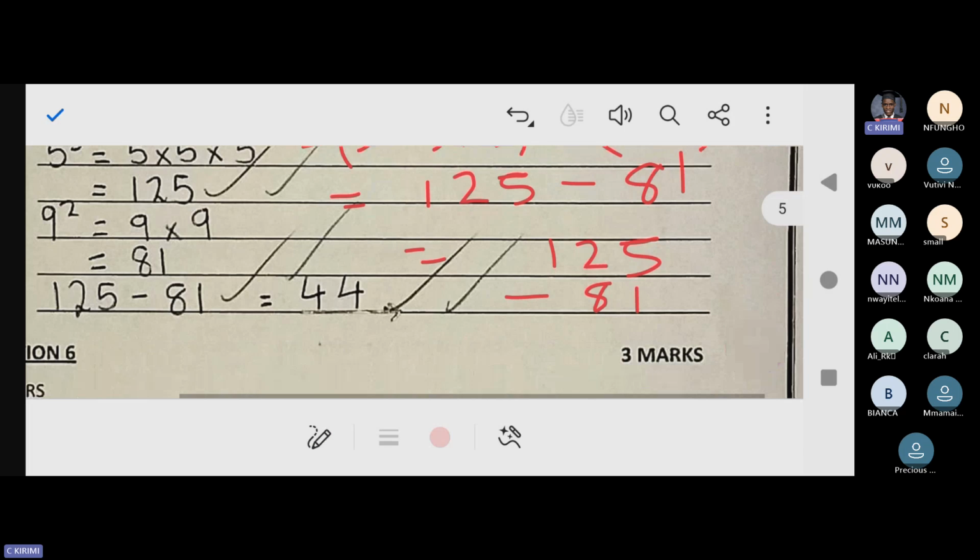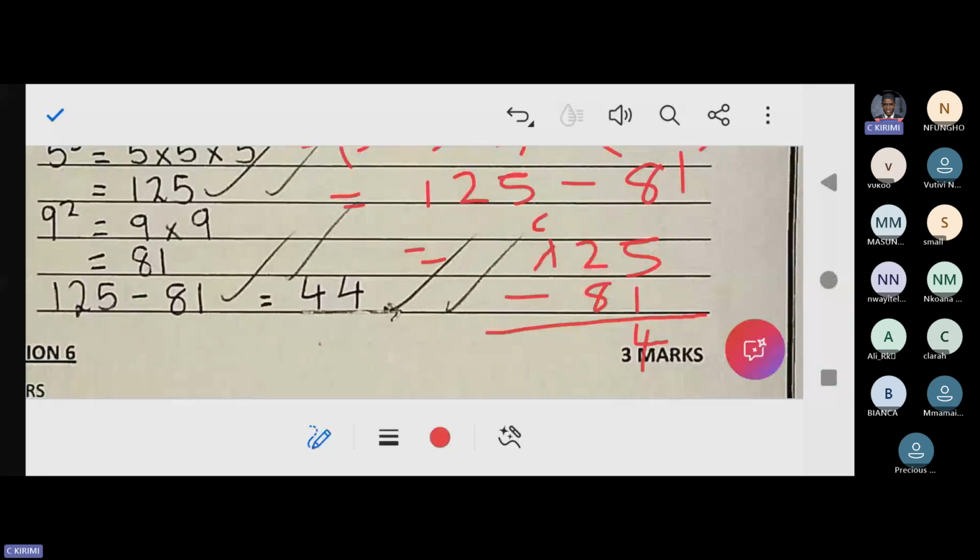You subtract 5 minus 1, that's 4. 2 minus 8 is impossible, so you borrow from the 1, which becomes a 0. 12 minus 8, that's 4. The answer is 44.